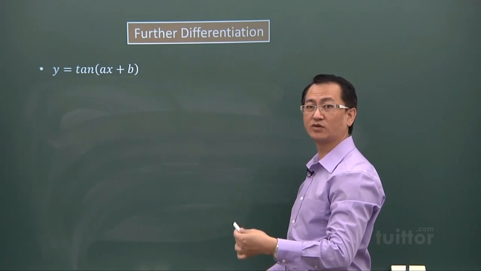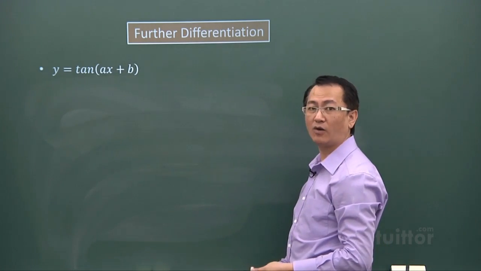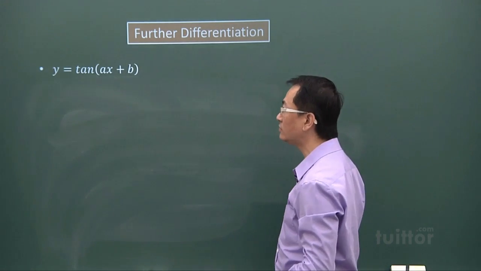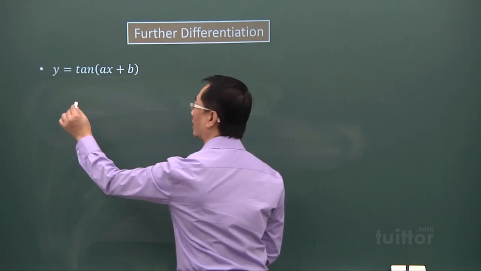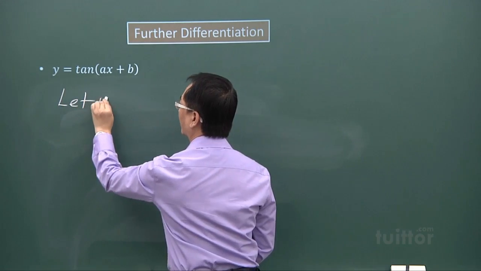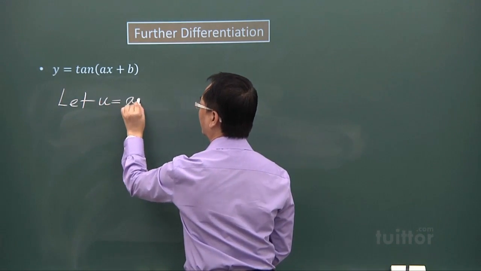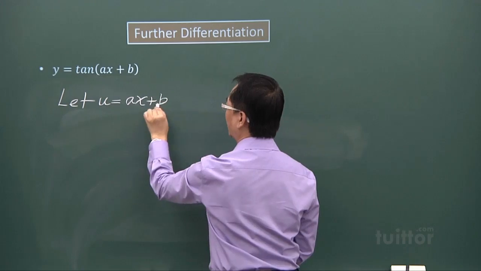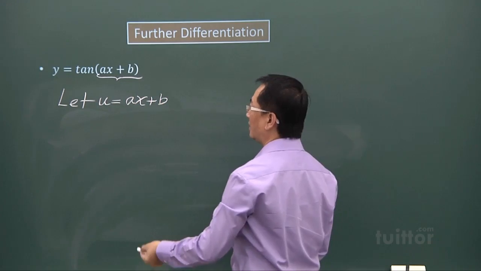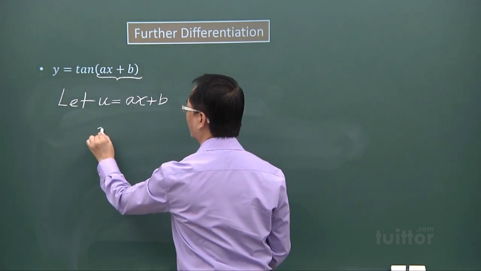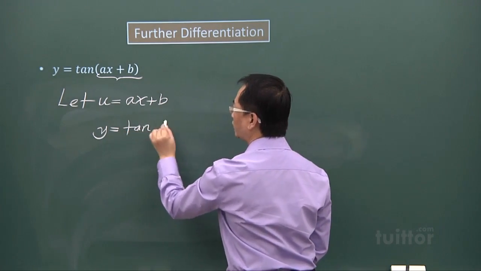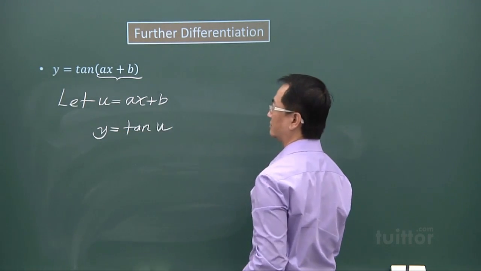I think now we try to refresh your mind on what we did for the chain rule. So this time round, we start with the chain rule. We let u be ax plus b, which is the expression over here. In so doing, I can write my y as tangent u.